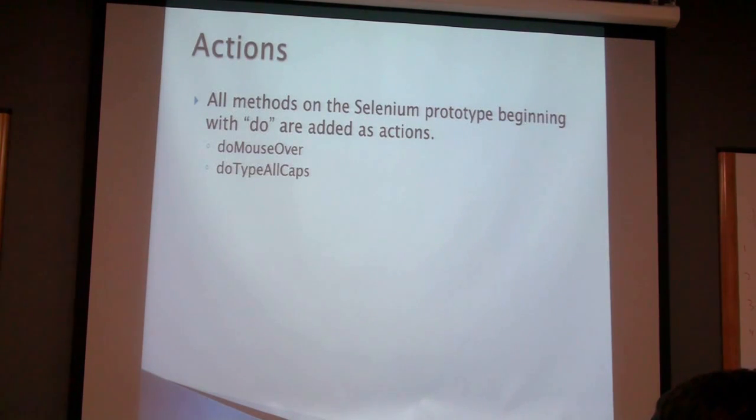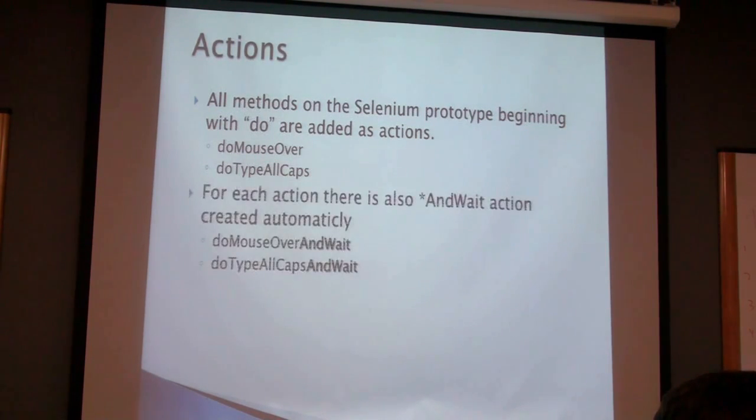I'm going to put do in front of it so that it knows that it's an action. And because it knows it's an action, it's going to automatically also create do whatever action and wait. Make sense? So I don't have to myself create the and wait command. That command will be created for me automatically.